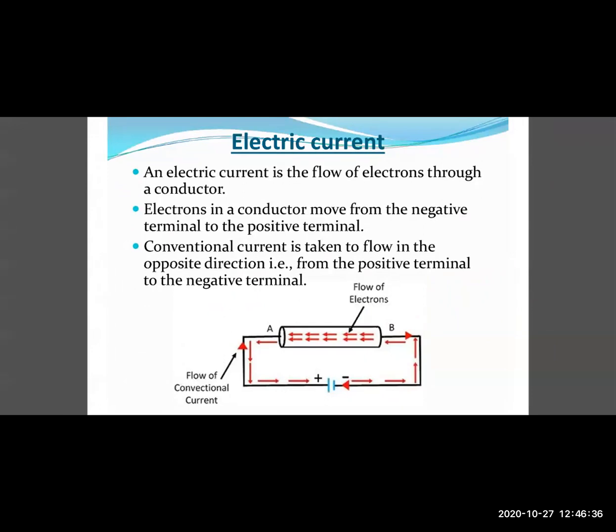Now students might ask a question here: why is the direction different? The simple reason is that when the phenomenon of electric current was discovered in the early days, the existence of electrons was not known. Electrons were not discovered by then. So initially, scientists believed that there must be a positively charged particle which is moving, from the positive terminal to the negative terminal.